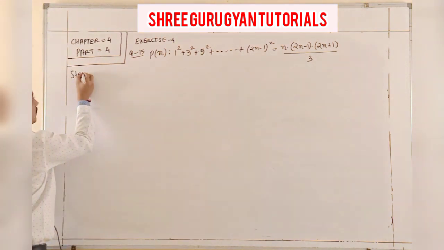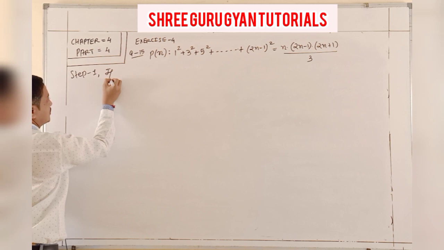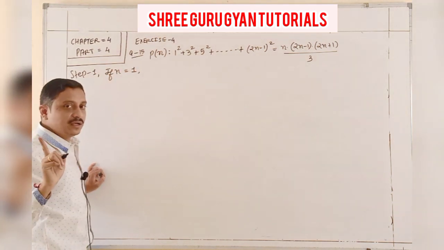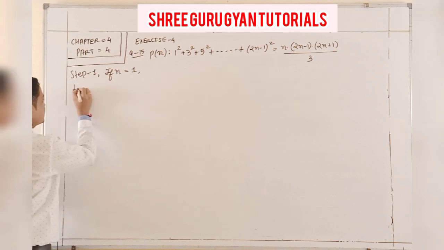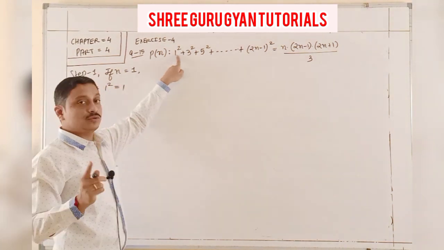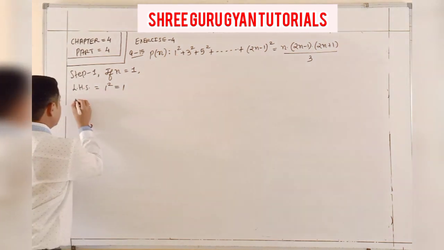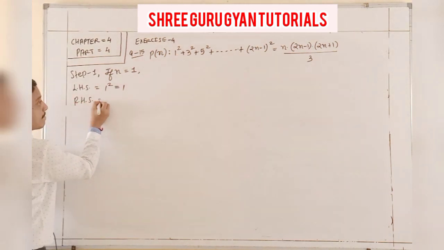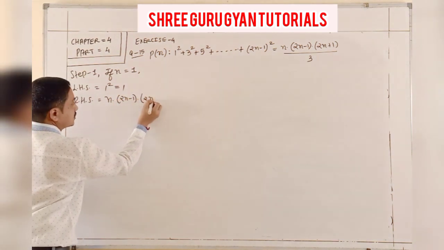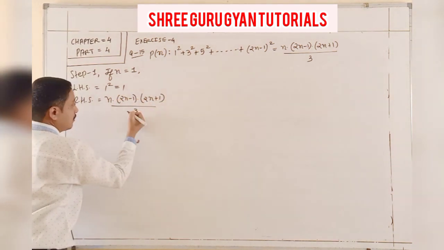Step 1: if n is equal to 1, every time you start with n is equal to 1. So what's your LHS? 1 square. Only put down the first term. And RHS: n times (2n minus 1) times (2n plus 1) by 3.